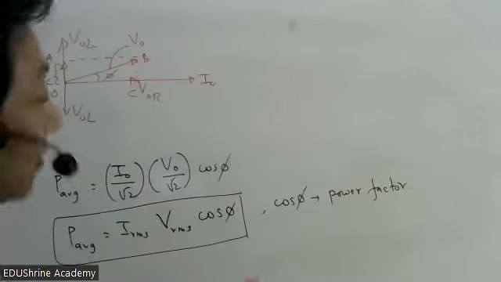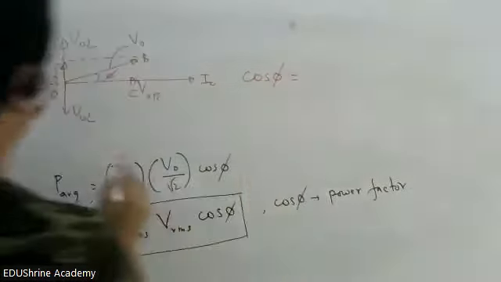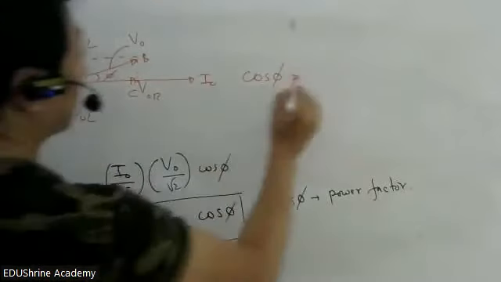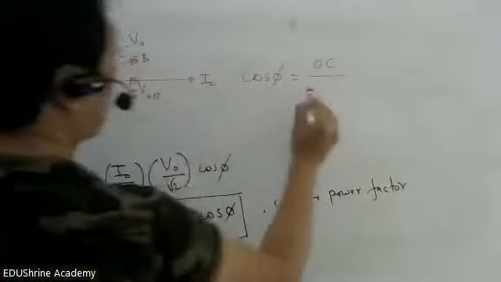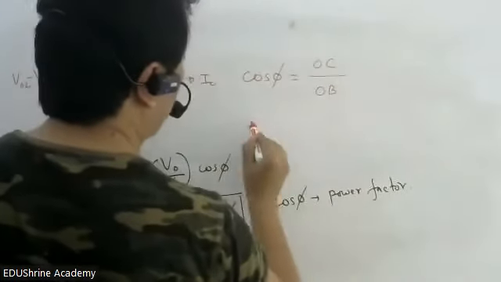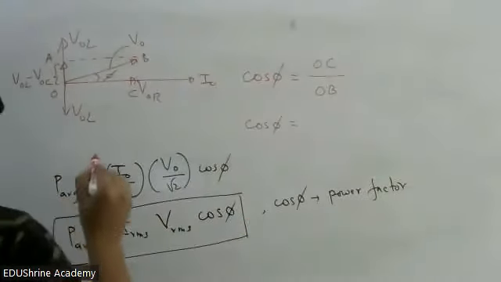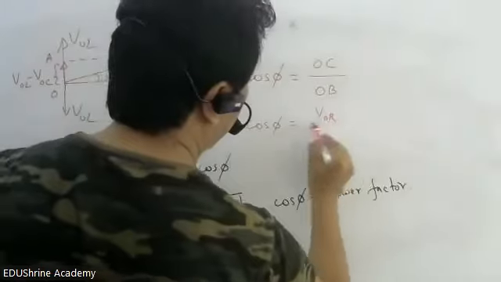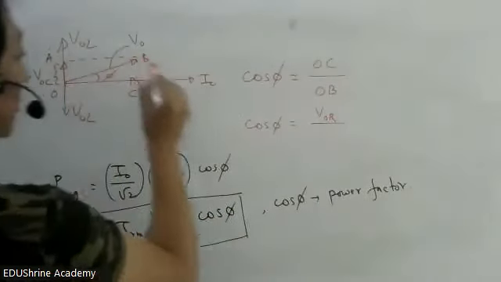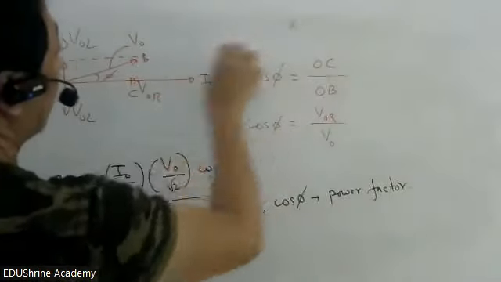Yes, sir. Now tell me quickly cos phi from the diagram. Adjacent is OC, hypotenuse is OB. So I can write OC as V naught R and OB is the resultant voltage V naught. So you can write from the phasor diagram like that.